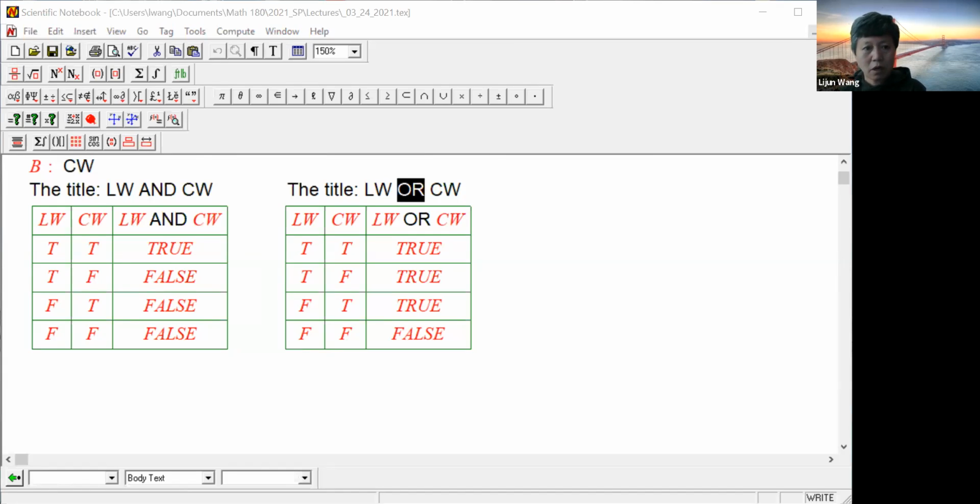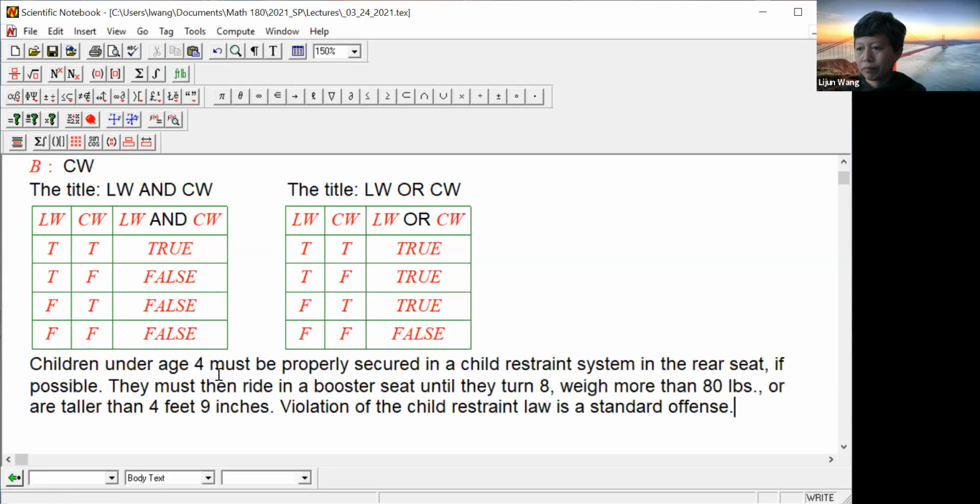Car seat law, right? I found a car seat law. I will copy and paste. Children under age 4 must be properly secured in a child restraint system. Let me see if they have "and" or "or" for us to discuss. I just copied this from AAA, child passenger safety.